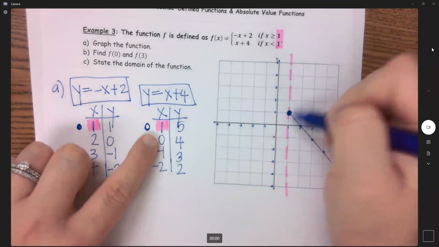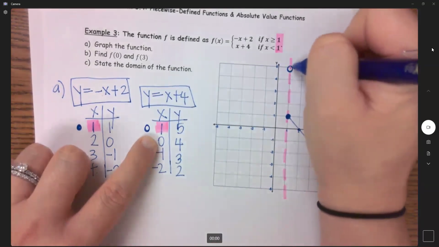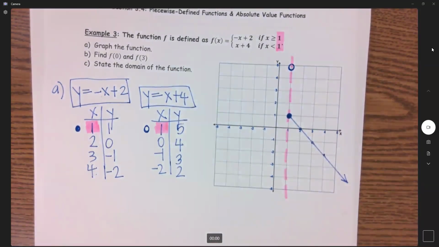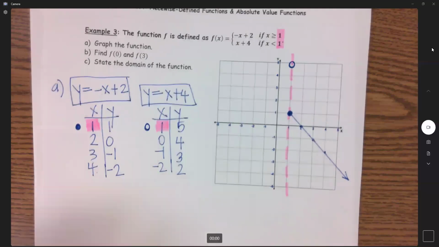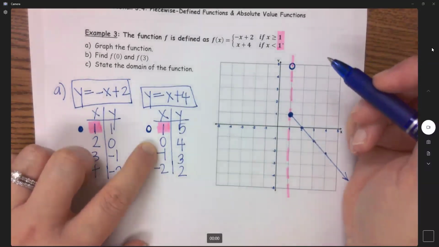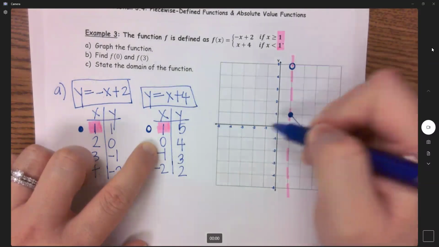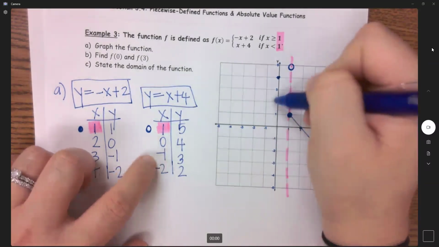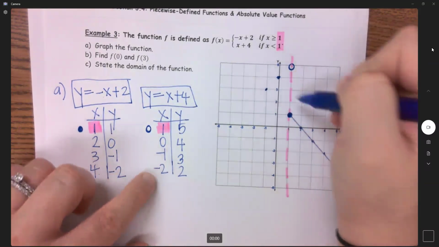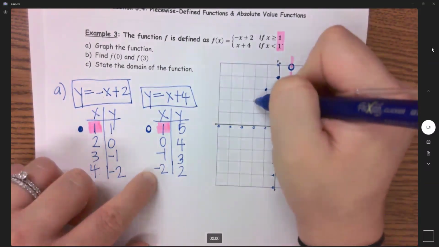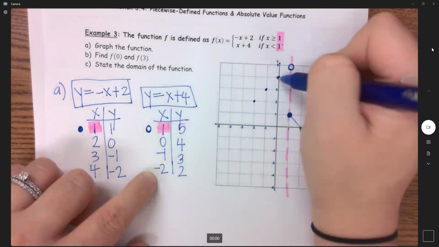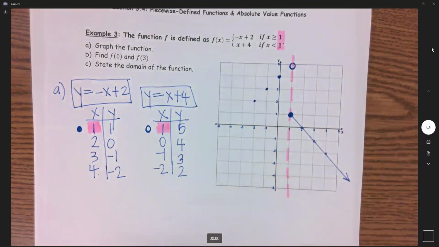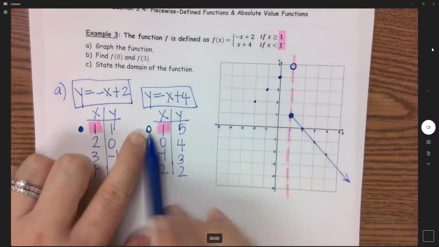So at 1, 5 up here, we have an open circle. Then the rest will be the regular points. So 0, 4, negative 1, 3, negative 2, 2. One super common mistake that I see on these is that graph that has the open circle.